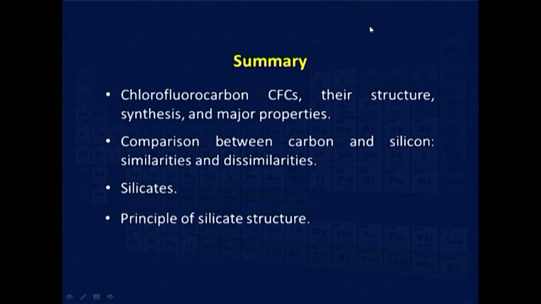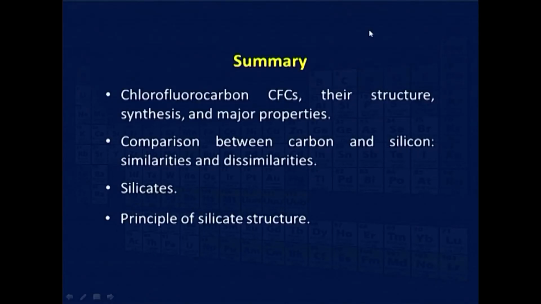Since the associated compounds of carbon and silicon are under discussion, a brief account of the similarity between carbon and silicon and the dissimilarity due to the arrangement of electrons in the penultimate shell has been discussed. Further, what silicates are, how the different kinds of silicates originate due to their structures, and how beautifully the gemstones are constituted by the silicate minerals.